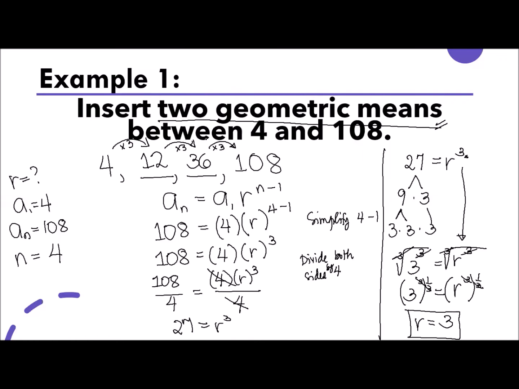Okay, so 36 times 3, so that is 108. So, the answer is the two geometric means are 12 and 36. Hindi pwedeng magkabaliktad ha. Kasi we are talking about sequence. It should be in proper order. Okay? I hope that's clear.